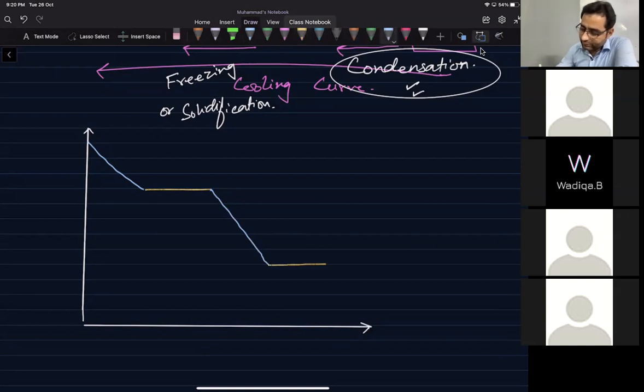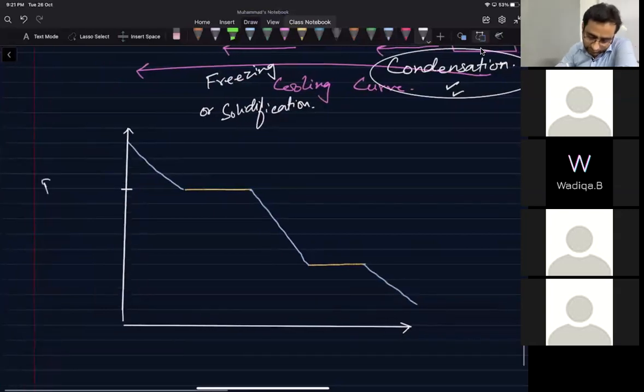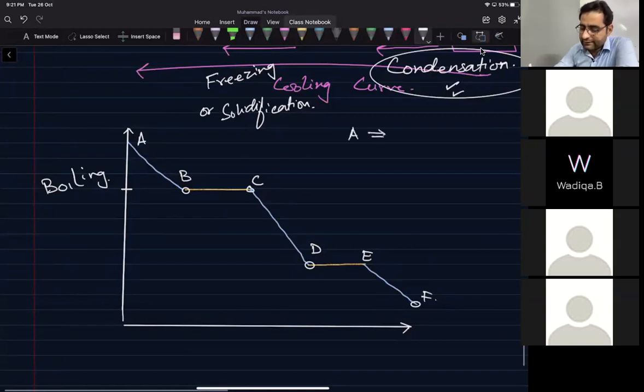And then again, the temperature will decrease after crossing its melting point. So the very first point, this is melting. Sorry, this is boiling. When you move from this point A, this is B, this is C, and D, this is going to E, and the last point is F. At point A, your material is a gas.